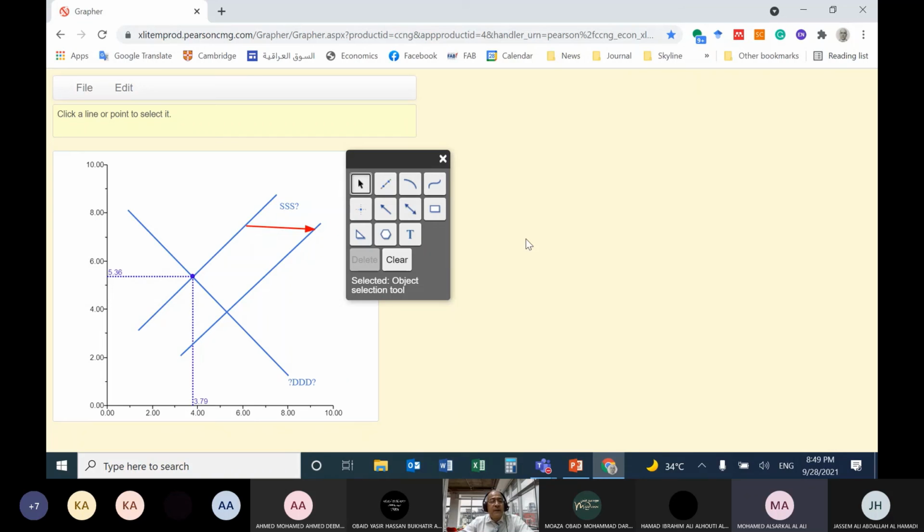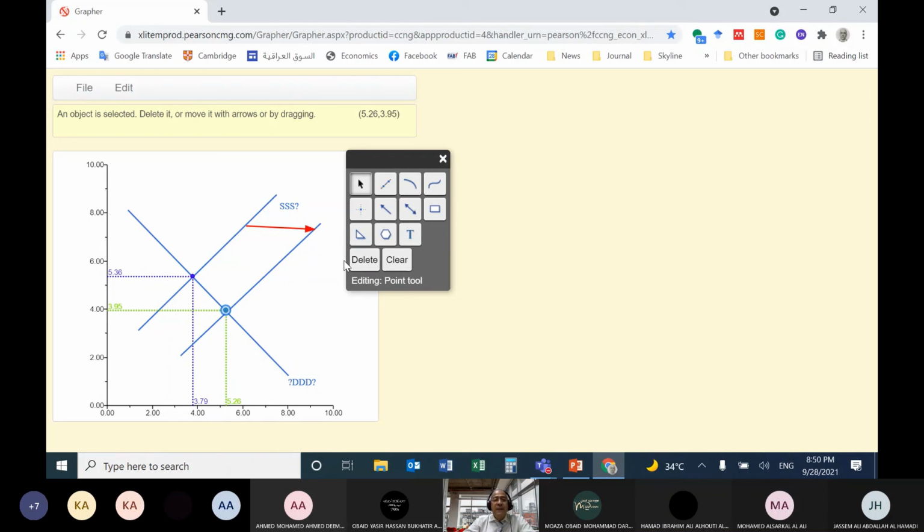We read the price on the vertical axis, and then we read the quantity on the horizontal axis. The equilibrium price will decrease. Well done. What will happen to equilibrium quantity? It will increase. What's your name? Muhammad Abdul Wahab. Well done. So now I think it's clear: the equilibrium price decreases, the equilibrium quantity increases.